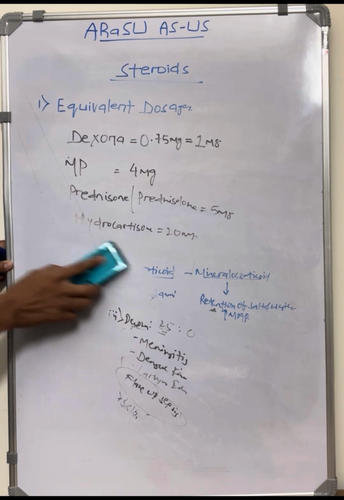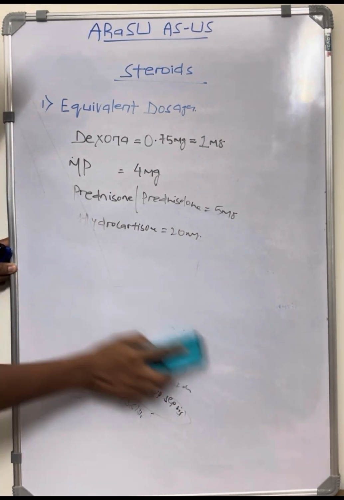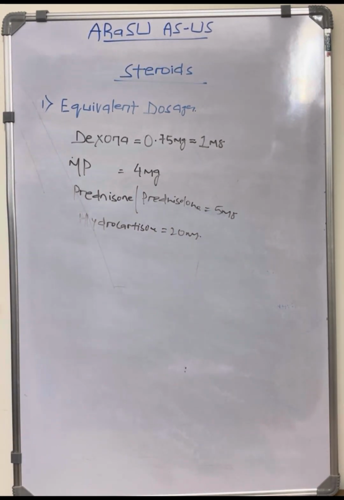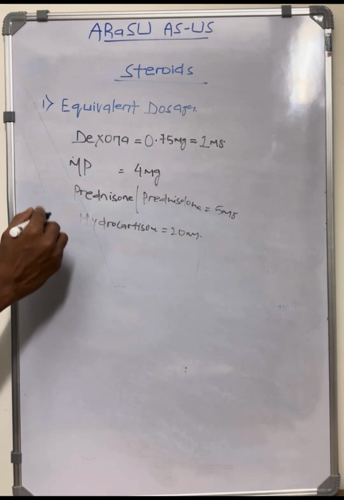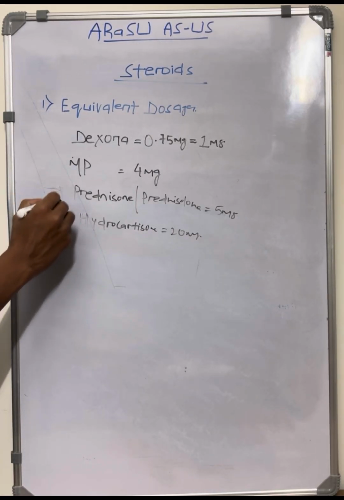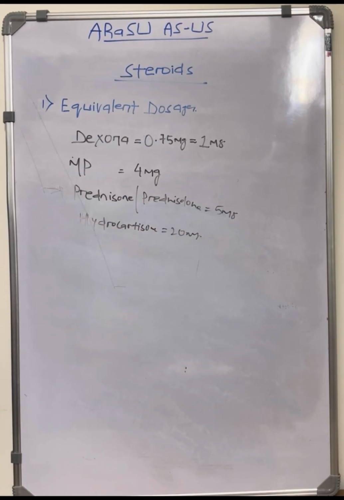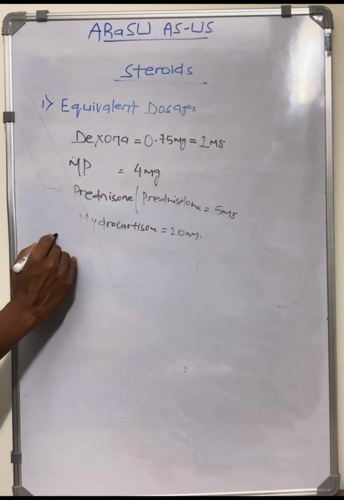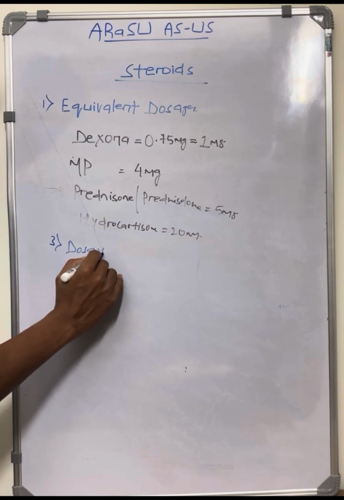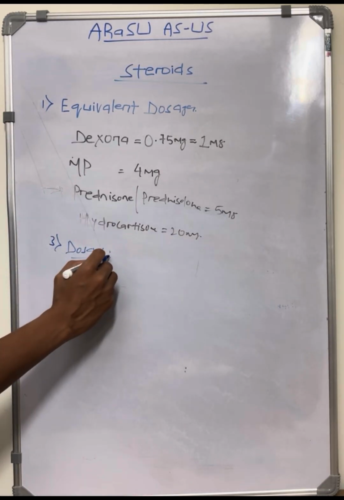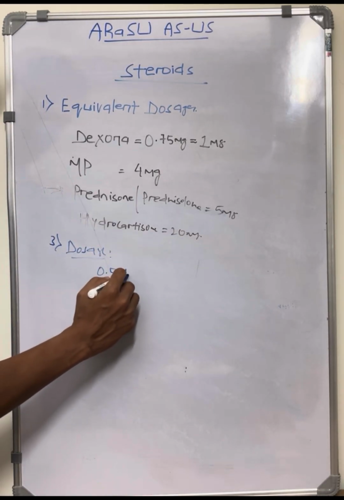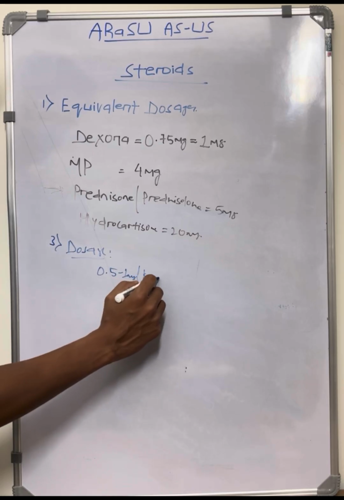Then comes dosage. Normally in textbooks, we will observe that the dosage is based on prednisolone. Often the mentioned dose is 0.5 to 1 mg per kg body weight per day.